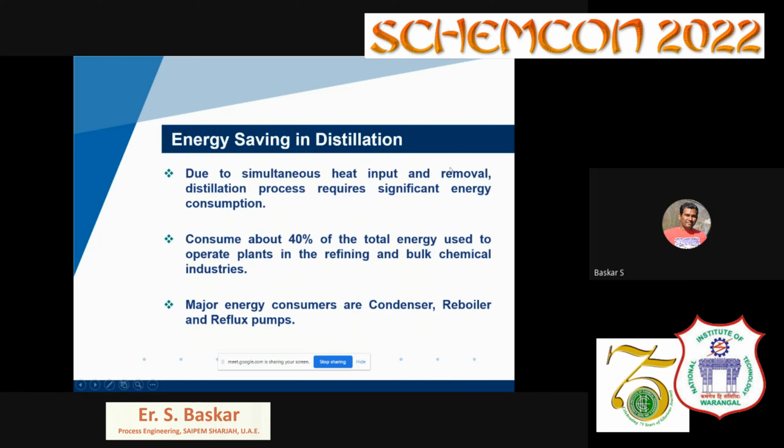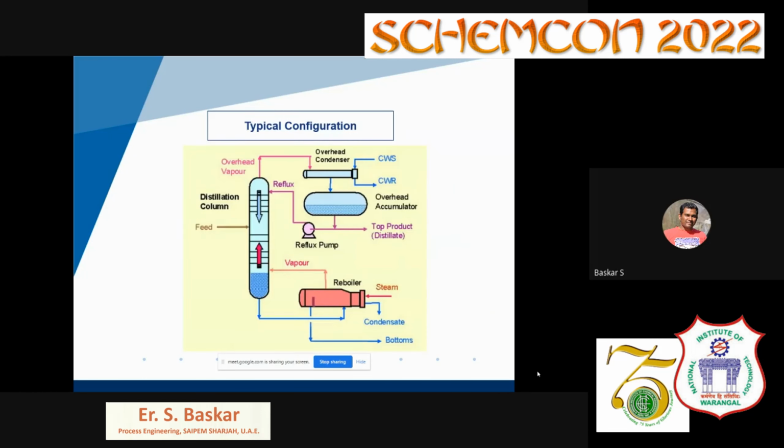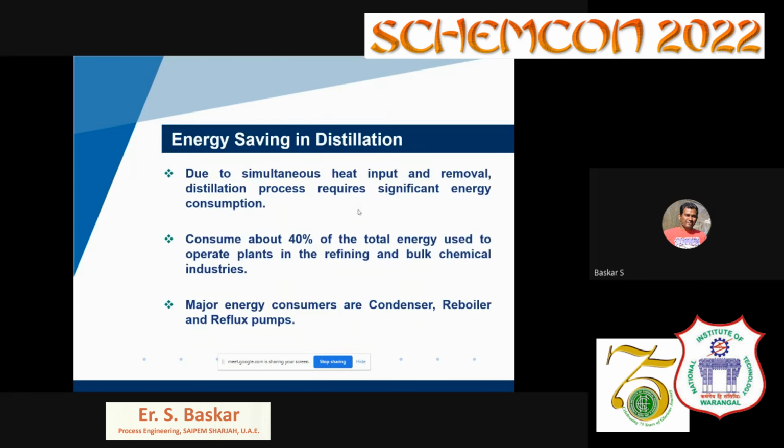Okay, why is energy saving important in distillation? As I said, there are simultaneous heat input and removal in the distillation process, because heat input is given in the reboiler and heat removal is being carried out in the condenser. Since both are happening simultaneously, there is potential for optimizing the energy in the distillation column.